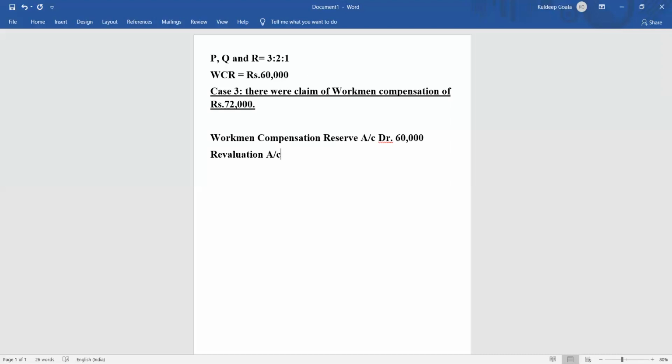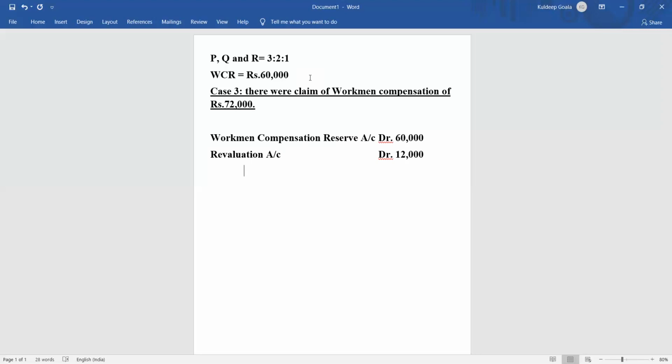Revaluation account is an account where the changes of assets and liabilities, the extra losses, are shown. Okay, so revaluation account will be debited how much? 12,000, right? And now what will happen? What is our total loss? 72,000, isn't it?